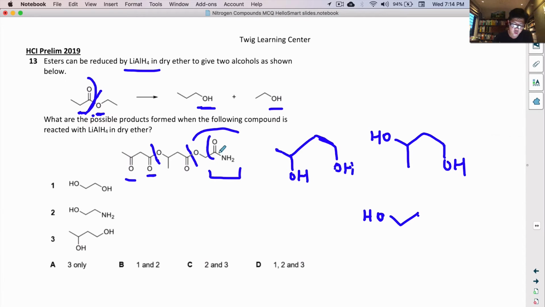So the C double bond O will become CH2, so this is my final answer. Basically I'm going to have all these. This one is out, you don't have that. This one too is there because it's the same as over here. This product here is the same as 3, which means the answer is 2 and 3.